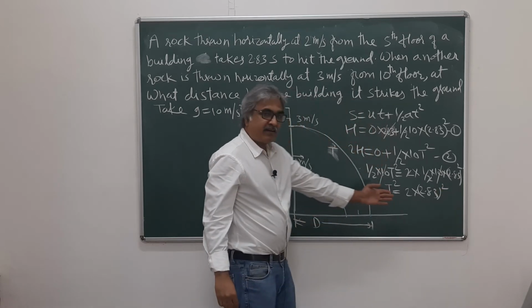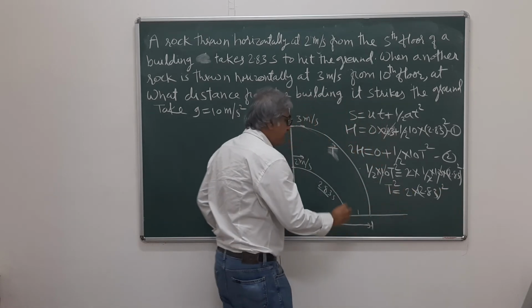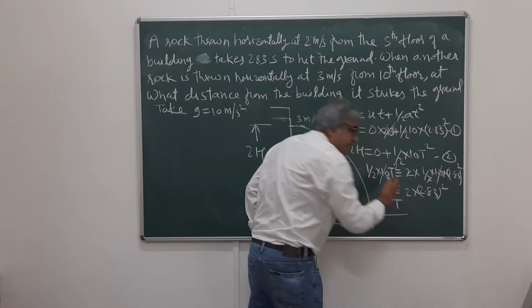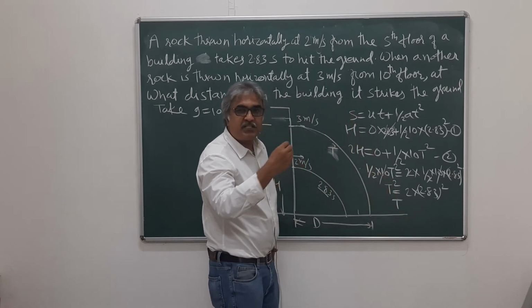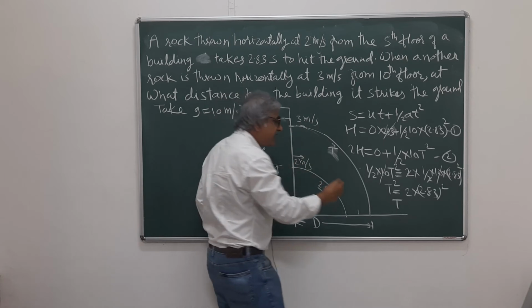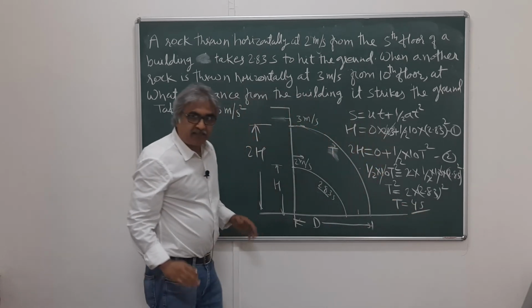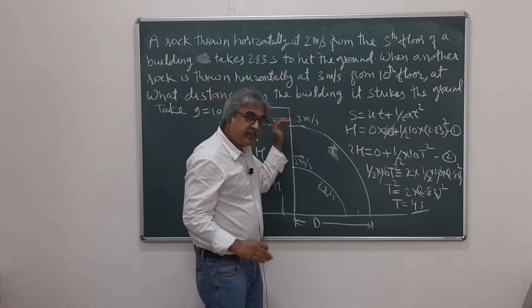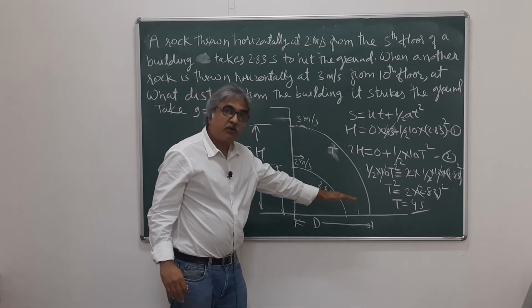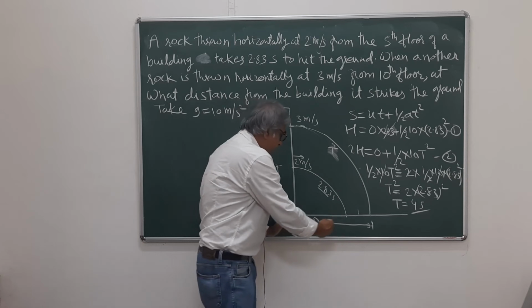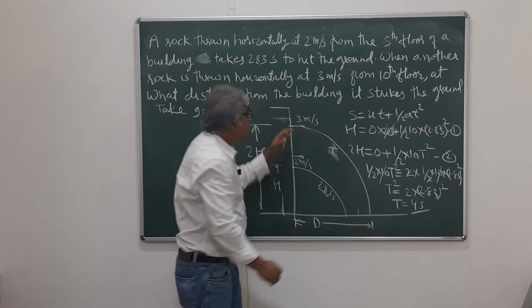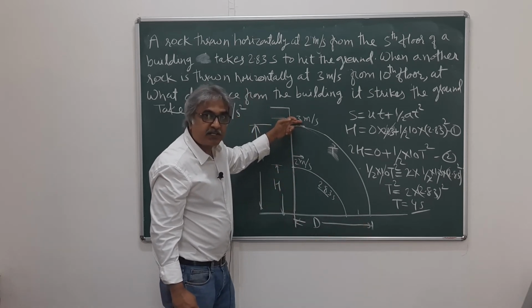Now you can find out T from here, and you will see that T will be nearly 4. It's going to be 4.01001 something. So let's say T is 4 seconds. T is the time this rock takes to reach the ground, that is 4 seconds. We know that, as we have said, horizontal velocity is 3 meters per second.